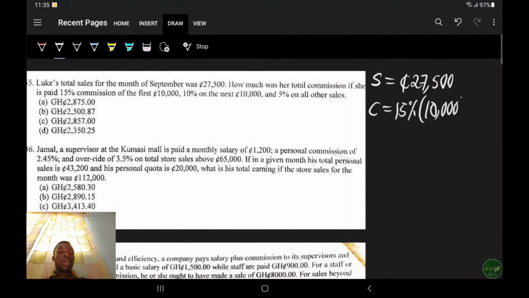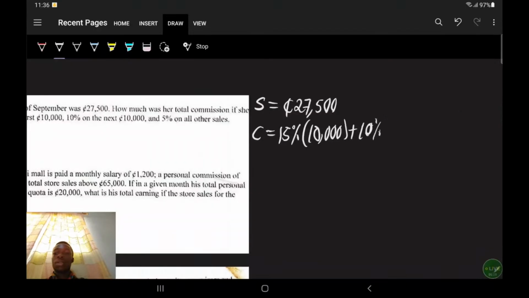Remember it is a graduated commission, so we apply it straight, plus 10% on the next 10,000. Then you ask yourself, how many sales are left for us to apply 5% on? That's what we are interested in.